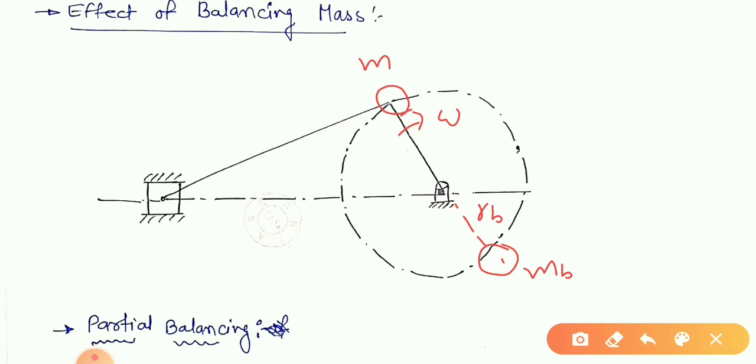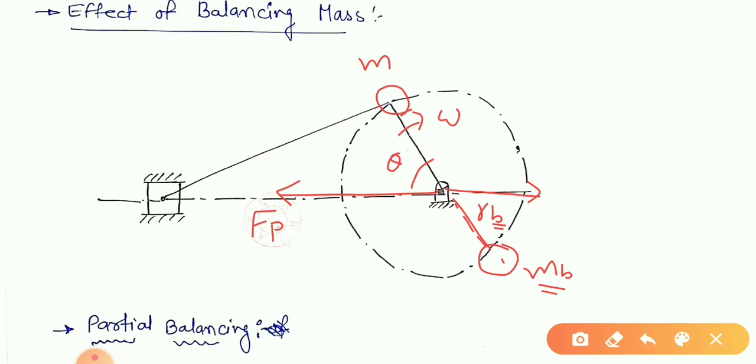Due to this, there will be a primary force F P, which is equal to m omega square r cos theta. Now, due to adding this balancing mass, the horizontal component acting will be equal to m b r b cos theta.